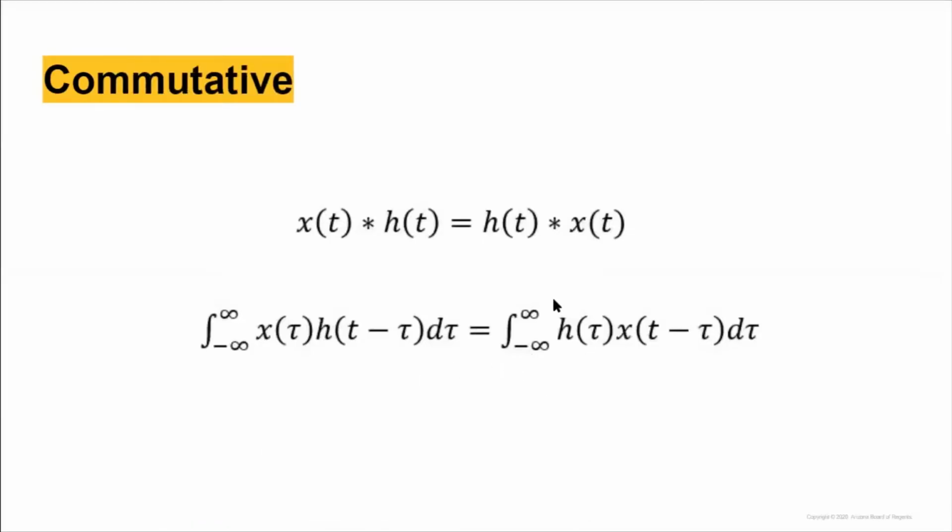The first one is that convolutions are commutative, meaning you can do x of tau times h of t minus tau, or you can do h of tau times x of t minus tau. It doesn't matter, it's the same. So you can do x of t convolved with h of t, or h of t convolved with x of t, it doesn't matter. It's the same thing, and that's true for any that you're given.